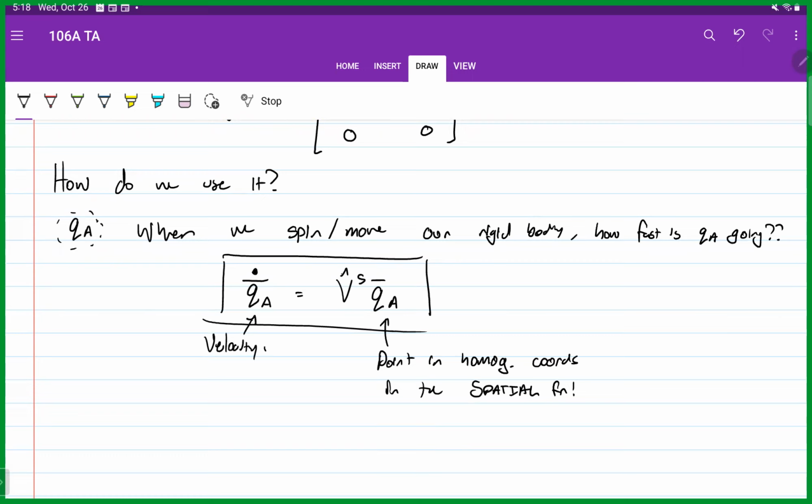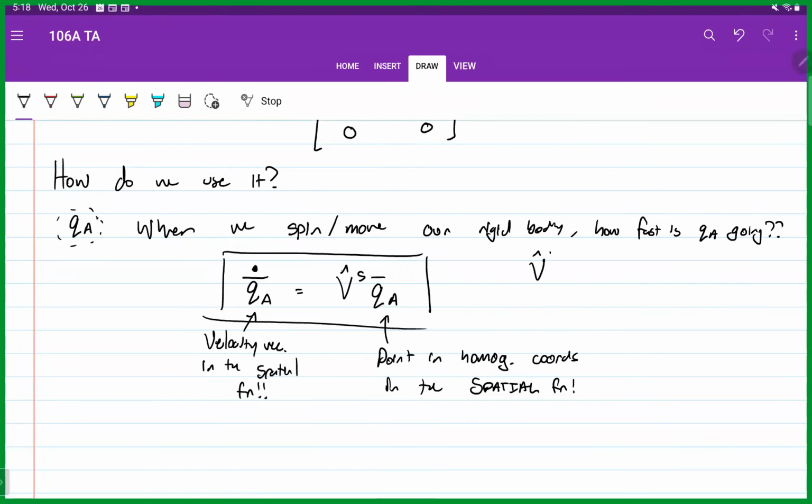What's really important to remember is that these V_S's and V_B's, which we'll talk about in a moment, are not the actual physical velocity. They're just transformations that help us find the actual velocity. So V hat S is a transformation which helps us find physical velocity.